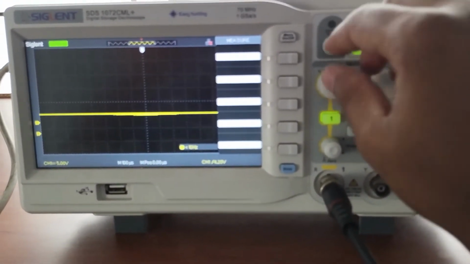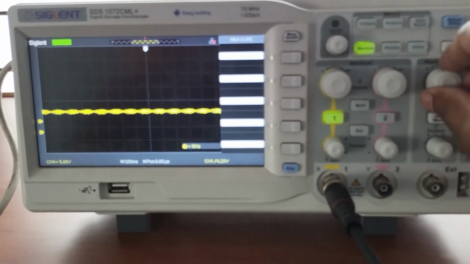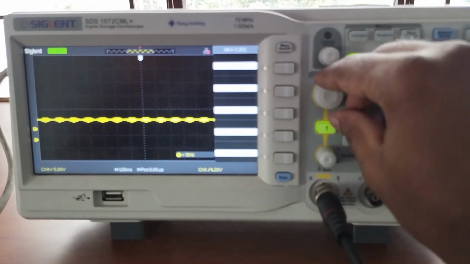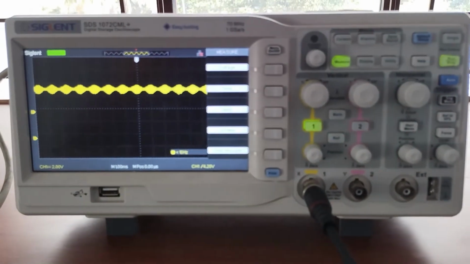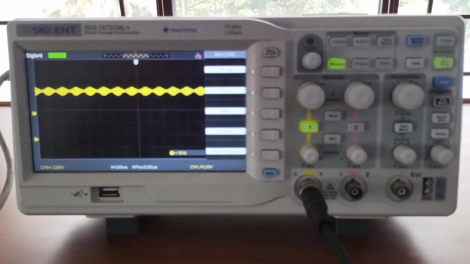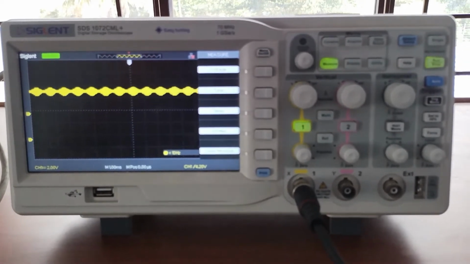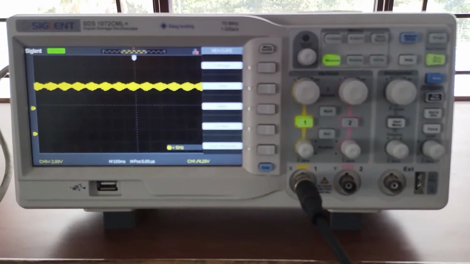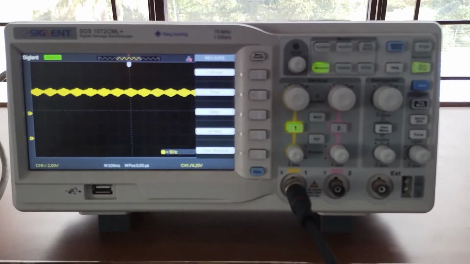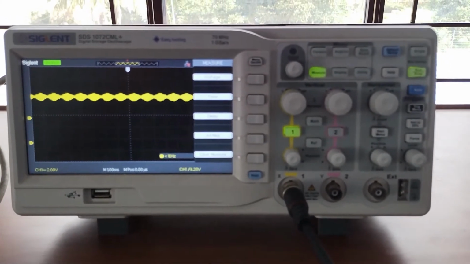This is the DSB-SC signal we are getting from the balanced modulator. From this we can calculate the peak to peak amplitudes and the frequency of the output signal.